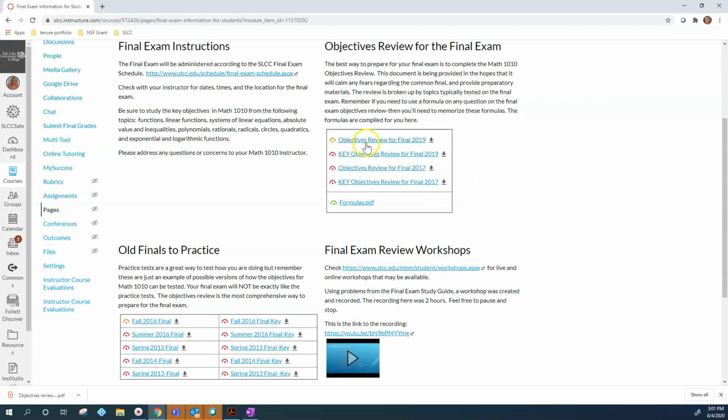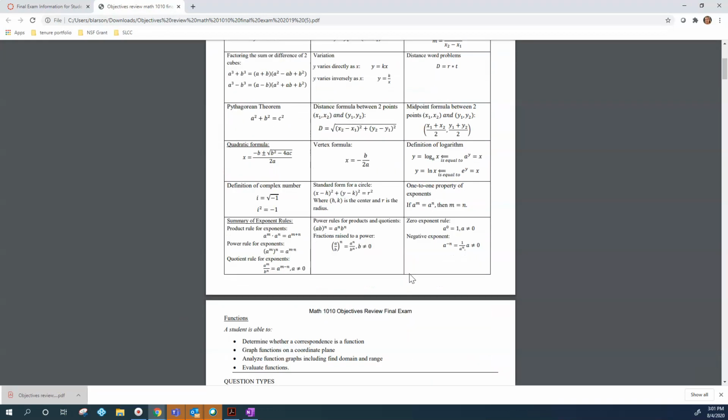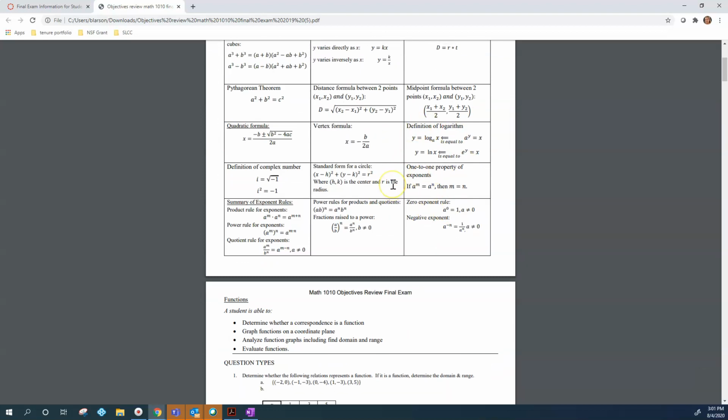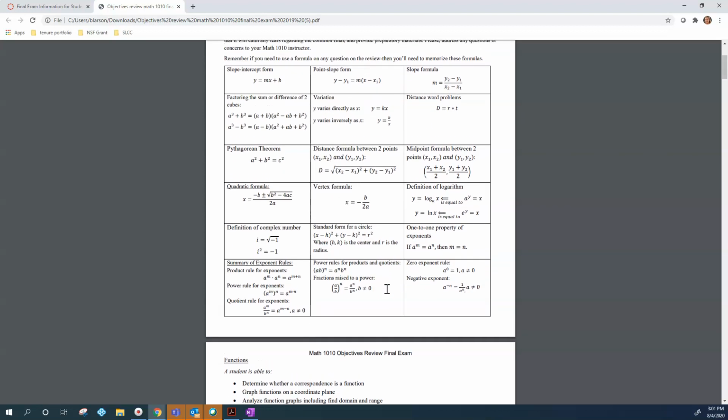Where did it go? Didn't it open? Oh, it's down here. Okay, but you'll notice on the objective review, they actually give you some important things to know. And so if you feel like these are some of the things that you might forget about, I would write the ones that you need to know on your sheet of paper that you're going to be bringing in and using on the final exam.